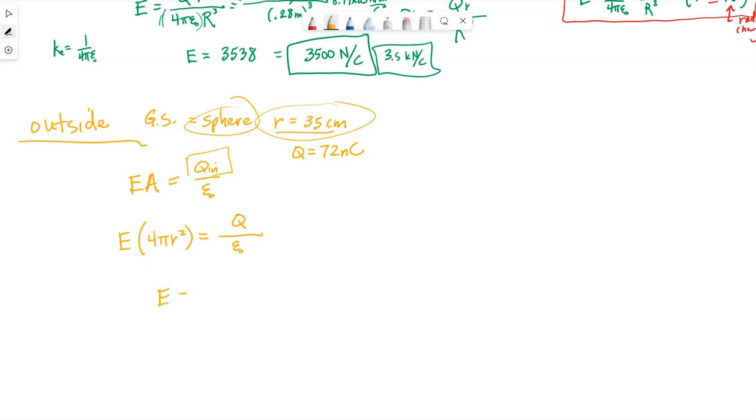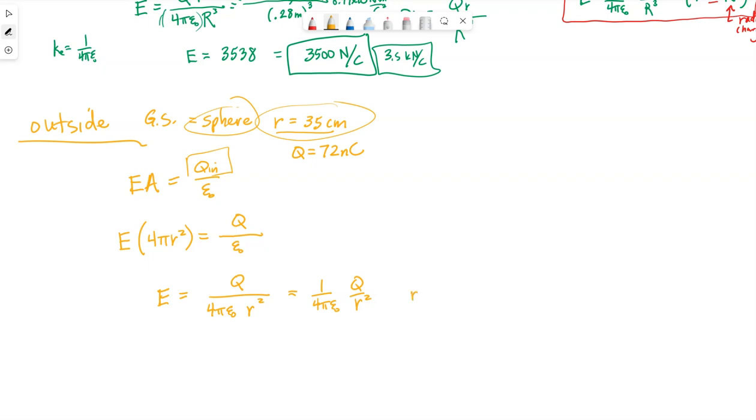When I solve for E, bring this down, r squared, you will see also in the test notes that outside of a sphere, the electric field is 1 over 4 pi epsilon naught, which is the k. Q represents the total charge on this sphere, and then r represents the distance from the center.